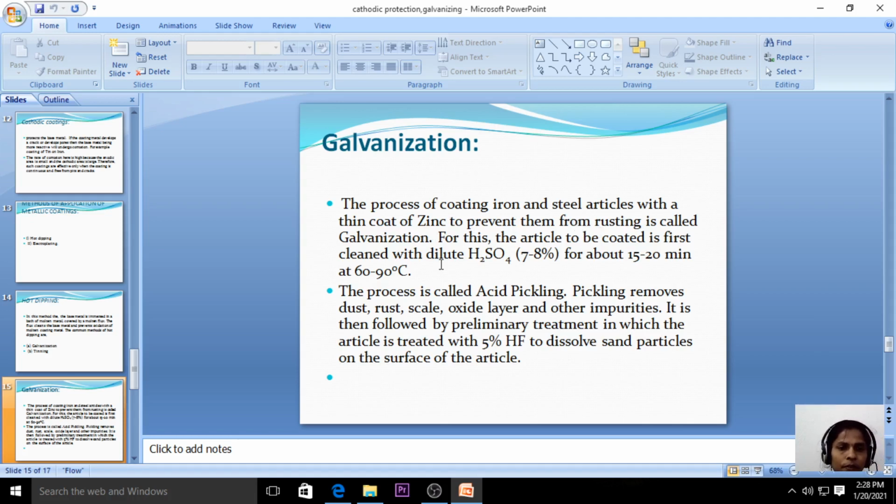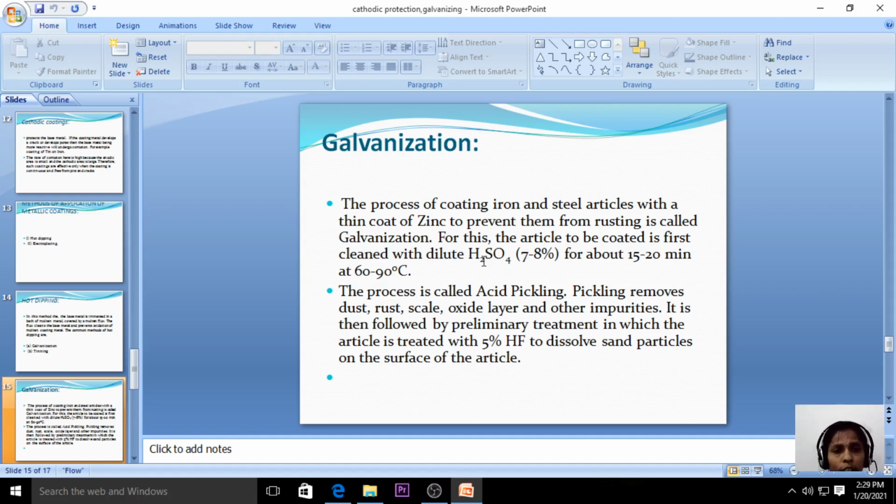For this, the article to be coated is first cleaned with dilute sulfuric acid, because initially the metal may have impurities. If we coat the impure metal, rust forms inside.